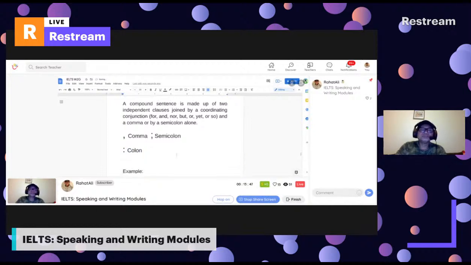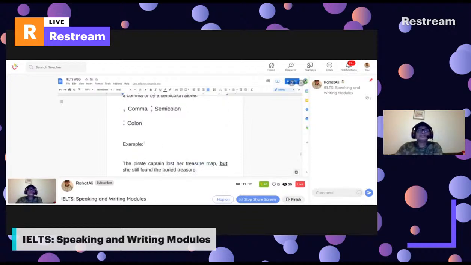So this is a colon, two dots, a comma and a semicolon. Once again, a compound sentence is made up of two independent clauses joined by a coordinating conjunction: for, and, nor, but, or, yet, so, and a comma, or by a semicolon alone.